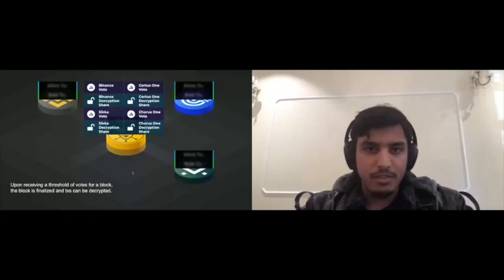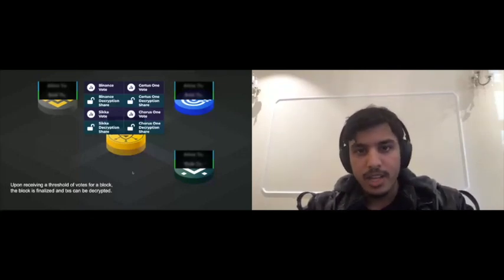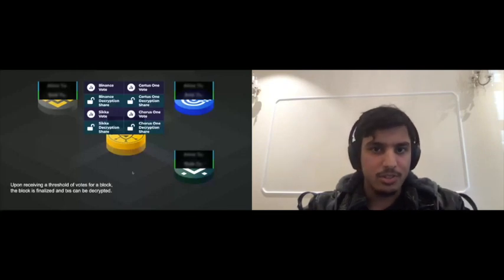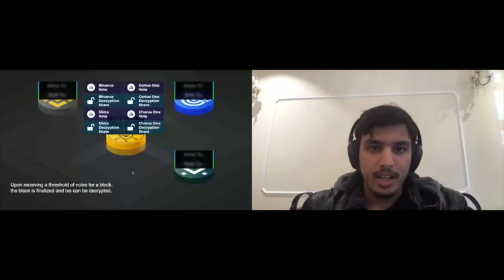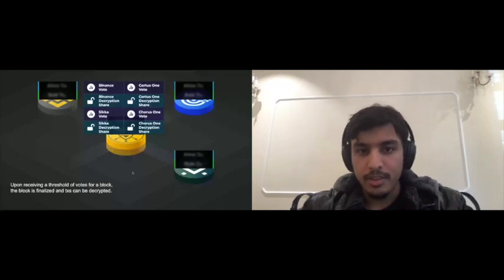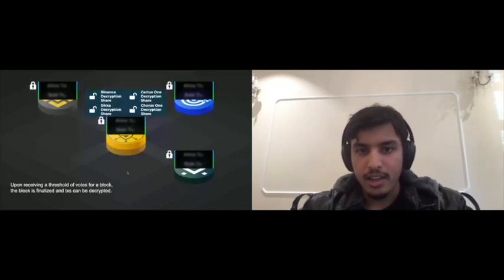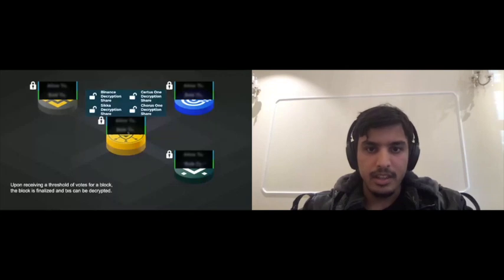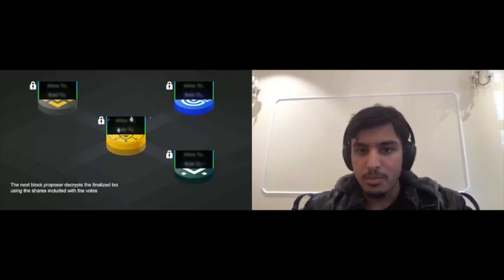So we need a given threshold of votes for finalizing a block. And now we're going to make the decryption threshold the same as the voting threshold. So since I've received 2/3 of votes, I've also received 2/3 of decryption shares. And then using those 2/3 of decryption shares, I, as the next block proposer, can decrypt these transactions that were finalized.